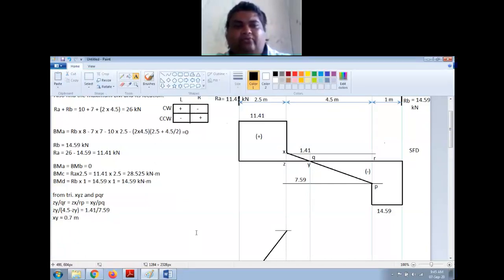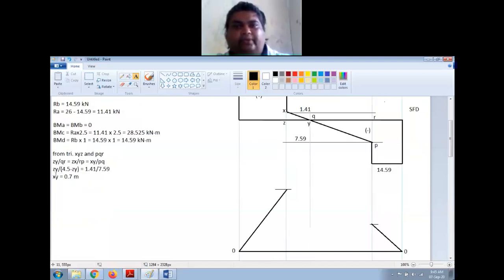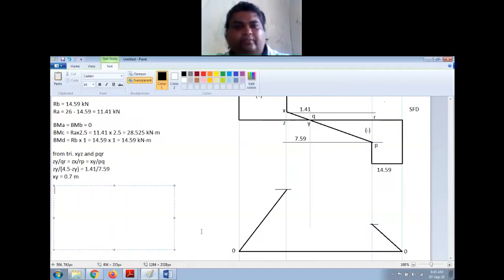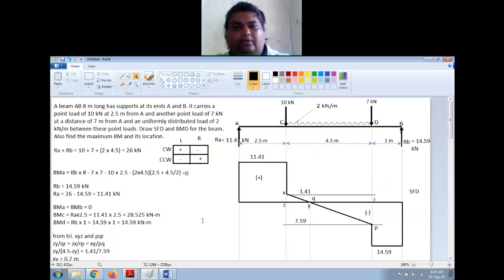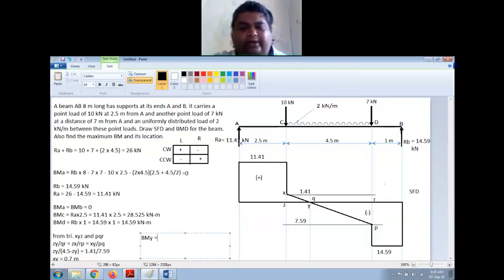So I need to now find the maximum bending moment at this point. I'll call that point as Y right here. Now BMY is equal to, I have the point here, right? So I'll start from this side.